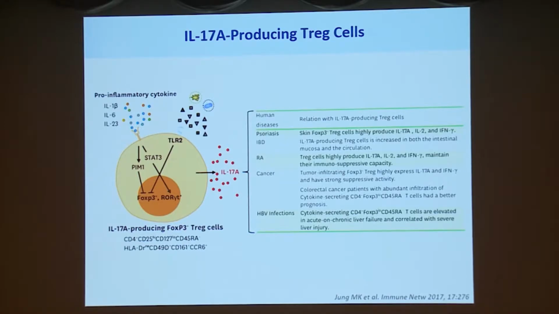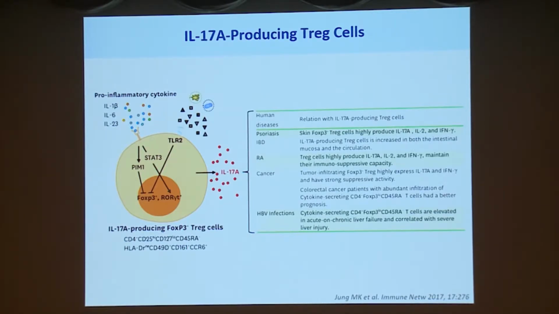This is just one example of IL-17A producing, helper 17-like Treg cells. In a microenvironment enriched by IL-1 beta, IL-6, or IL-23, the conventional Treg cell can acquire a little bit of ROR gamma expression. At the same time, this signal can suppress the expression of FOXP3 a little bit.